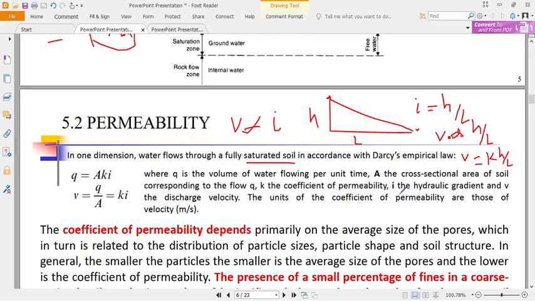Is that okay? But what is Q? Remember that flow, the volume of water which flows per unit second, is equal to velocity times area, from our fluid mechanics.